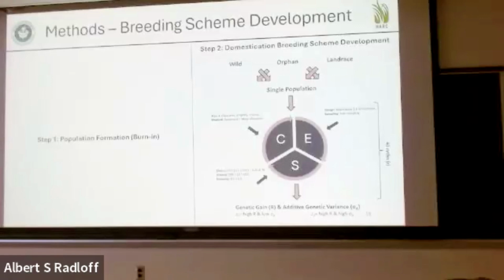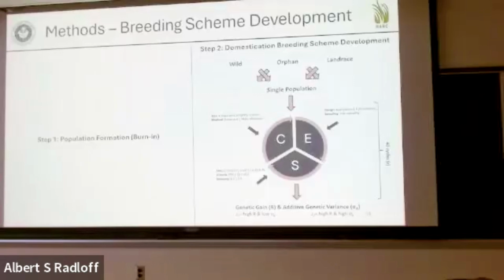So these, then, you have a single population. With that previous burn-in, I ran about 20,000 different combinations of these parameters. And then they feed into this breeding scheme development phase, where we're now introducing, again, more combinations of parameters. And so we're trying to identify the optimal breeding schemes that would depend on a given population, wild, orphan, landrace, and the standing variation present within that population.